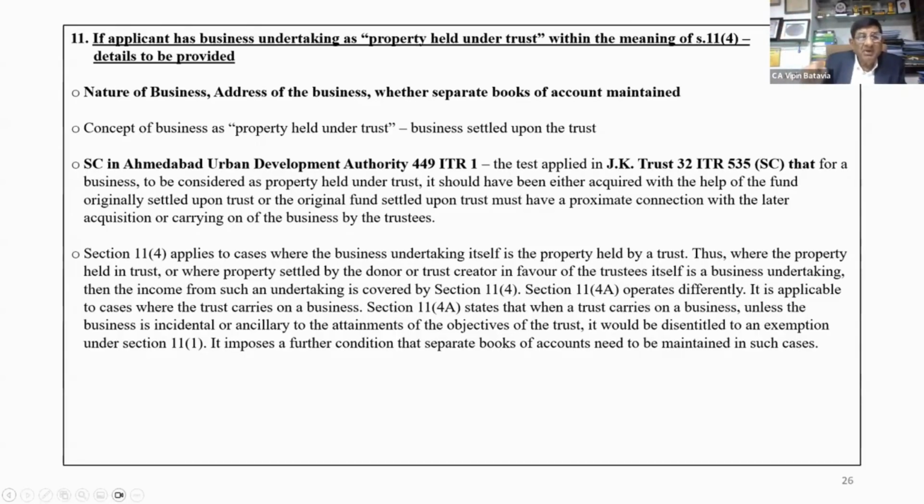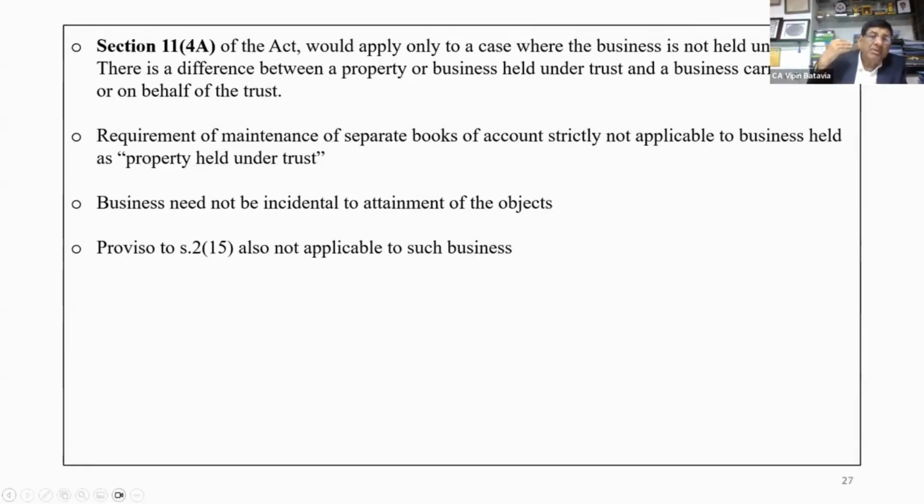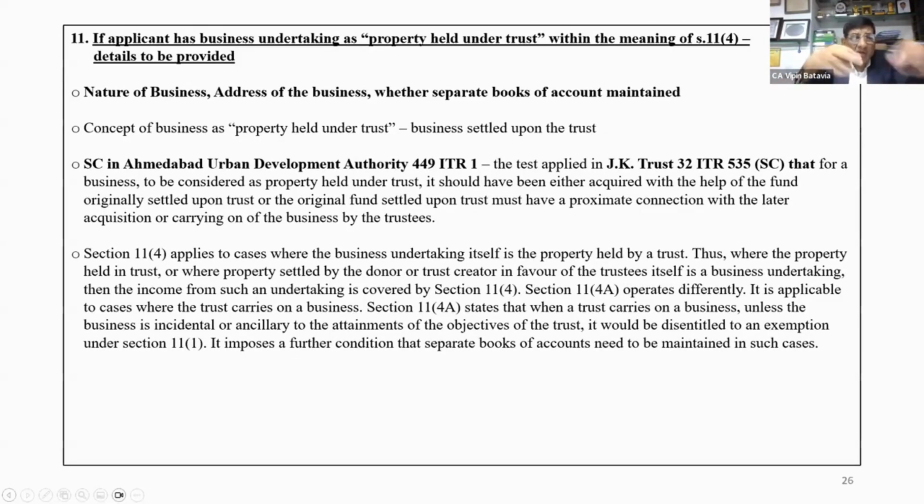So details are given of such business: nature of business, address, and whether separate books of account are maintained or not. Business undertaking means a business conducted by someone who has donated the whole business to the trust.